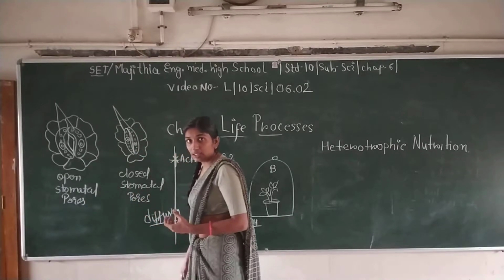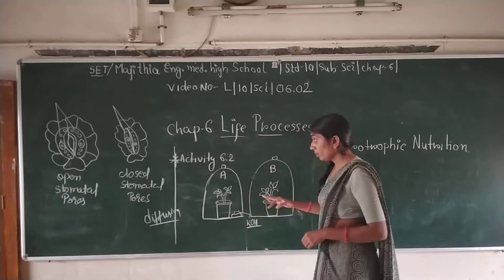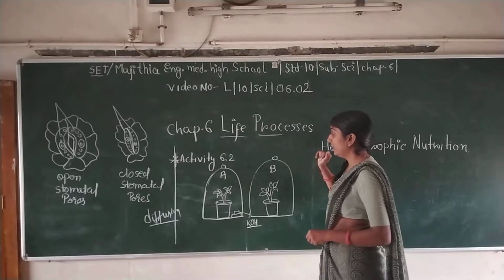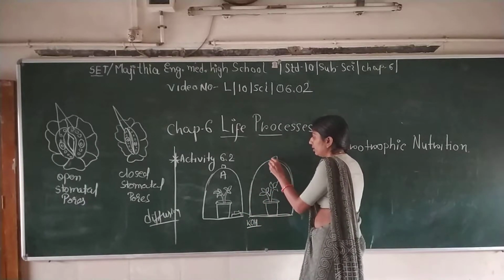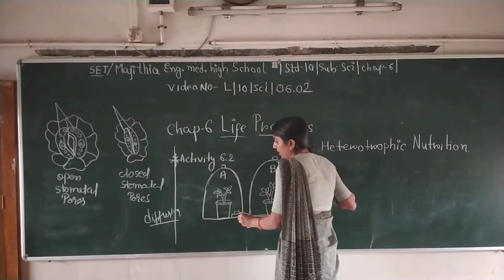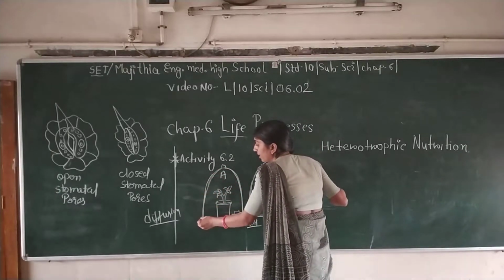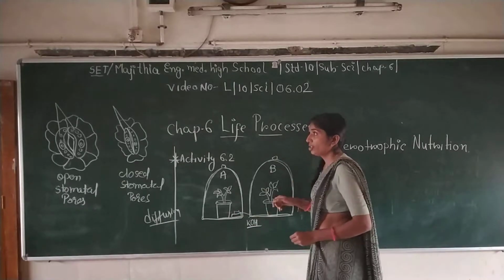Then we bring them into sunlight and put a big bell jar over each. This appears like a bell, so we call it a bell jar.